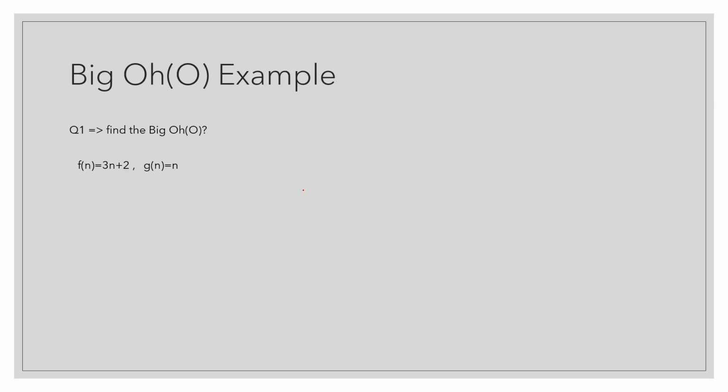As we see here, find the big O where f(n) is 3n plus 1 and g(n) is n. So how do you do that?